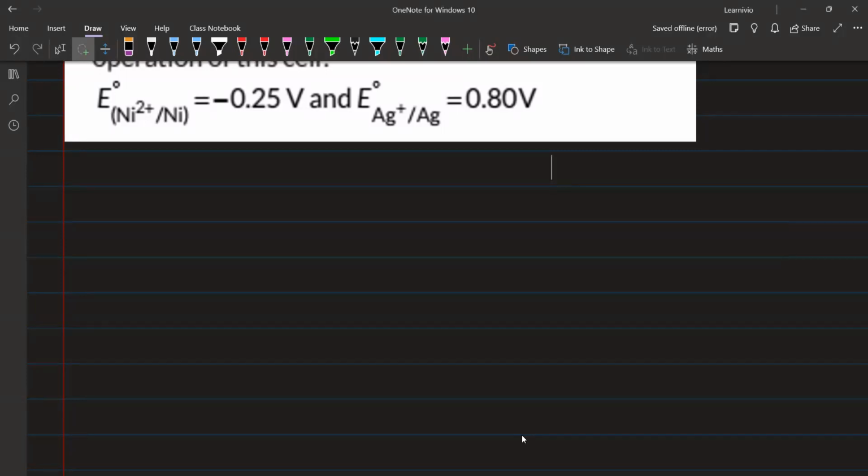Let me show you guys how to do this. So first of all, we will calculate the E0 cell. E0 cell will be equal to E0 cathode minus E0 anode. Okay, so how do you know which is cathode, which is anode? For this, you need to remember the application of the electrode potential.